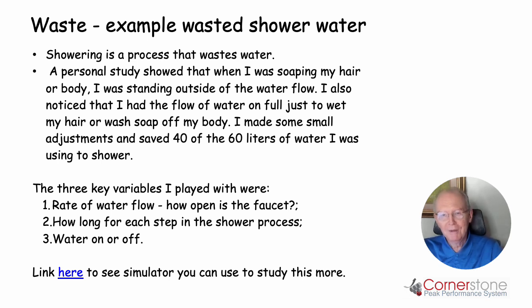I hope you would. But here was a case where I knew that I was wasting water when I showered, and I decided to have a look at how I could save water. So I did research. On average, 0.2 liters of water comes out of a faucet that's open full every second.